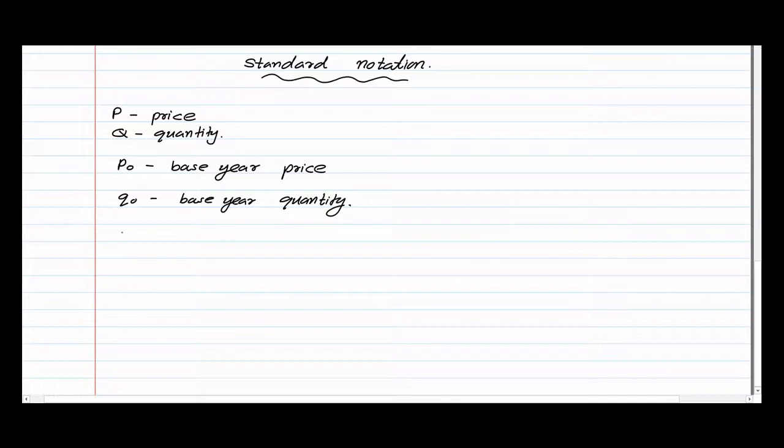Then P1, P2, and so on: Pn, where n can be 1, 2, 3, is the price of a given year.